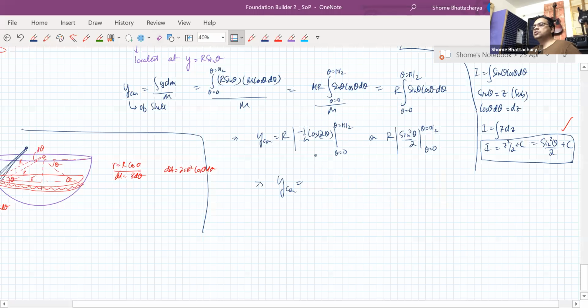If I'm using this one, the upper limit will be minus 1 by 4 cos of pi, and the lower limit will be minus of 1 by 4 cos of 0. So cos pi, you know, is minus 1. So you have to be very careful with the steps.